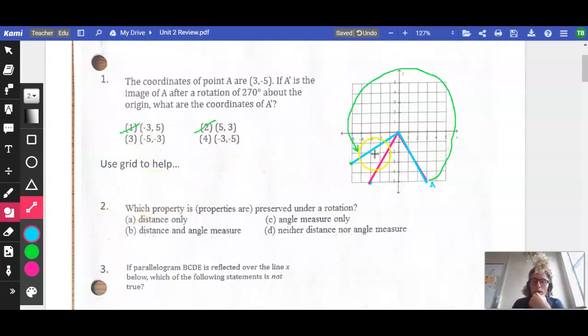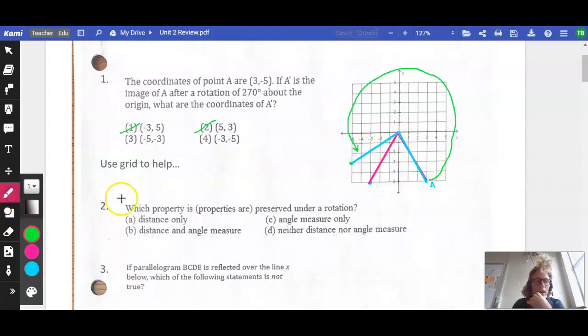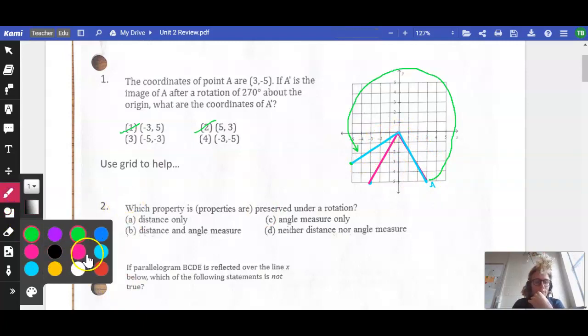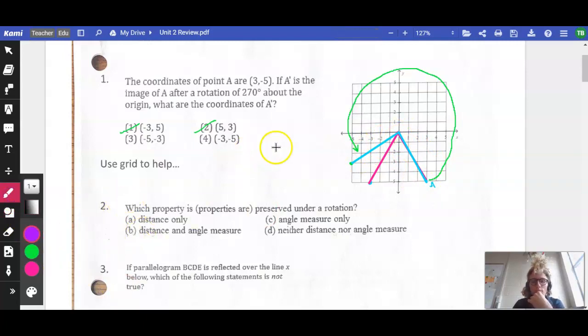We know that this should be 90 degrees, and therefore these line segments are perpendicular. As we'll learn later in the year more in depth, the slopes of perpendicular lines are negative reciprocals of each other. So the slope of this line is down 5 over 3, -5 over 3.